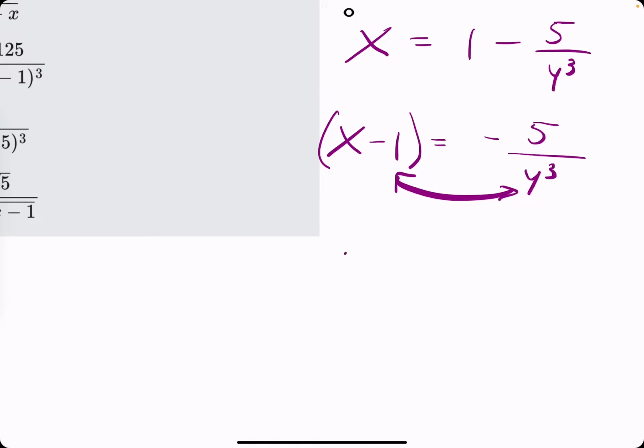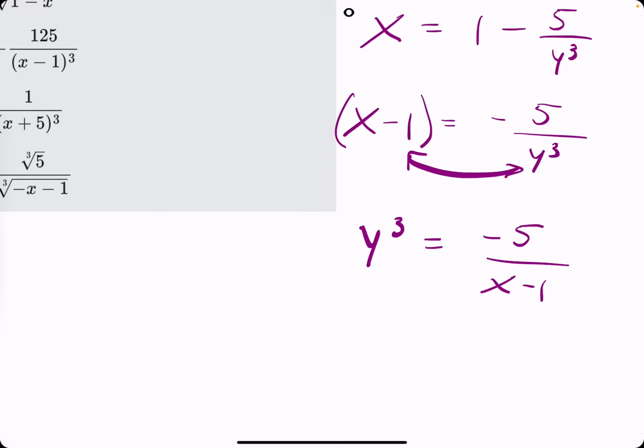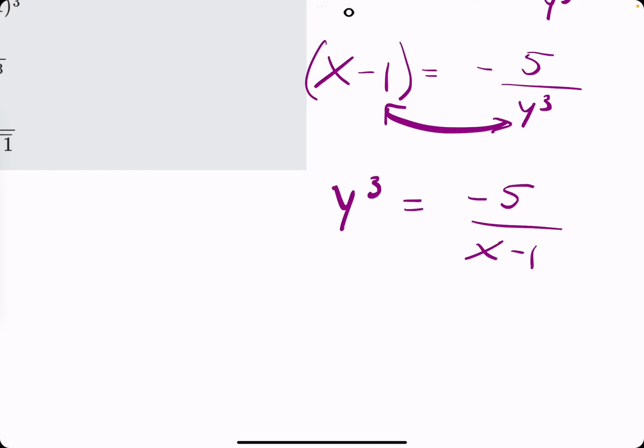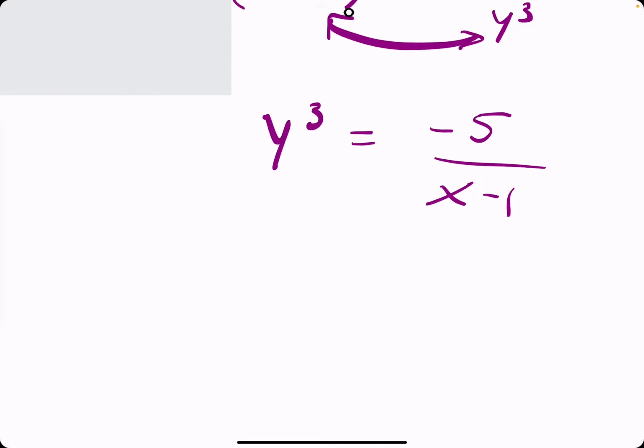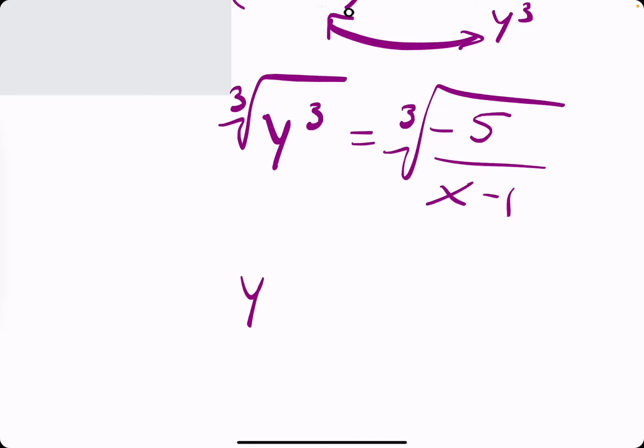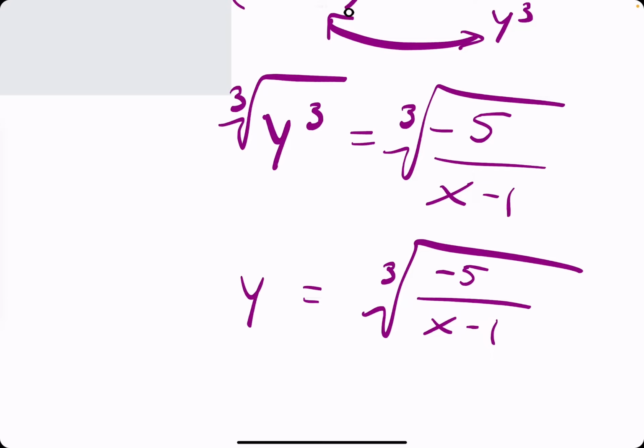Okay, so y cubed gets multiplied up to the left side, while x minus 1 gets divided to the right side. And just like that, we have y cubed by itself equals negative 5 over x minus 1. We want to get y by itself. That's the goal all along. So we take the cube root of both sides, leaving us with y equals the cube root of negative 5 over x minus 1.